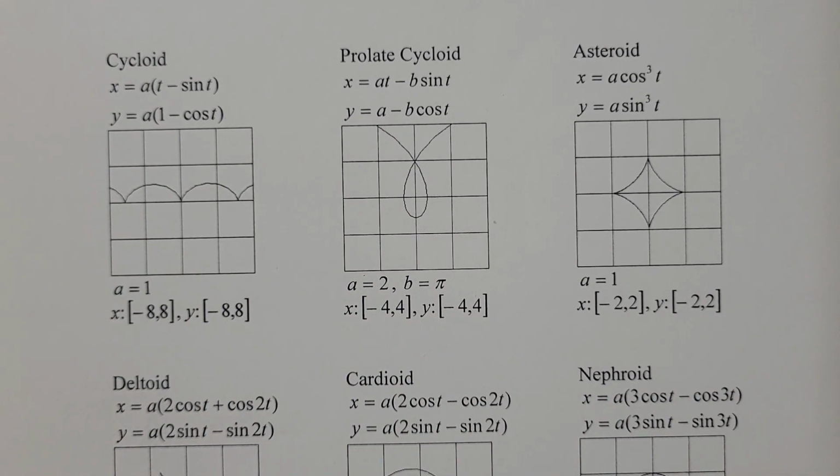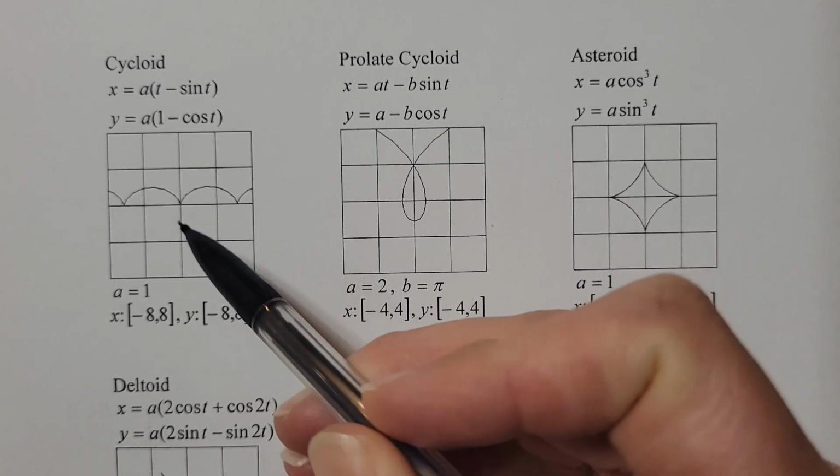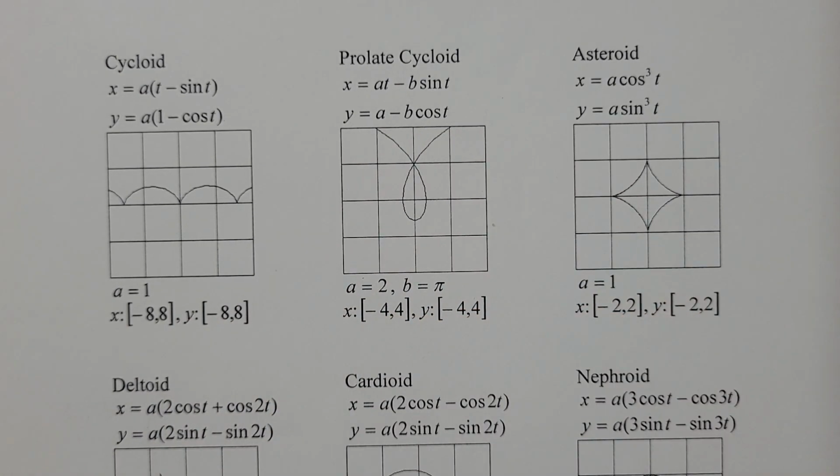Now, the word cycloid was named by Galileo, and it was observed in the design for more accurate clocks. Like if you imagine kind of an old time clock swing, where the pendulum is swinging back and forth, type thing. And so they studied this curve when they were looking at creating clocks like that. Okay.